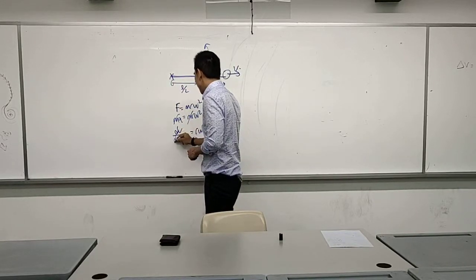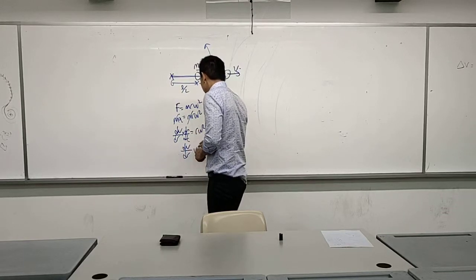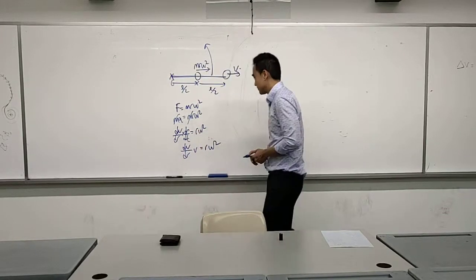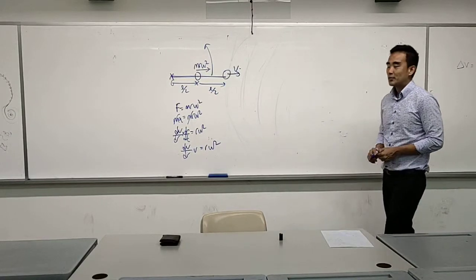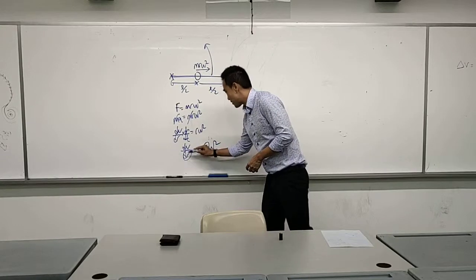So it's dv/dr times dr/dt, which is dv/dr times v, equals r omega squared. The reason why I decided to use this is because I realized that it's r over here, so I need to integrate with respect to r.